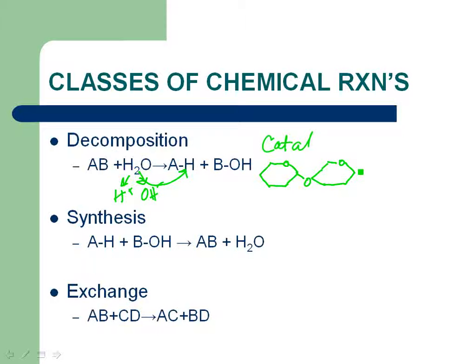If we add water in order to perform our hydrolysis reaction, we're going to split water, and in order to break this glycosidic bond we're going to put a hydrogen ion on one, and then a hydroxyl ion on the other portion of the bond in order to break those two apart.